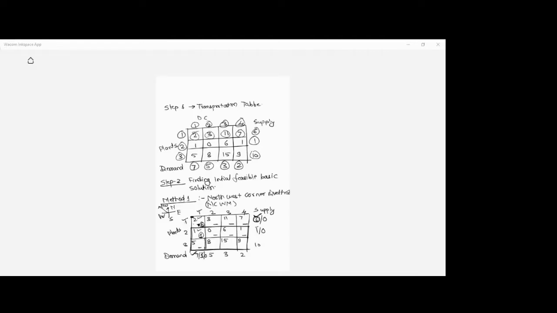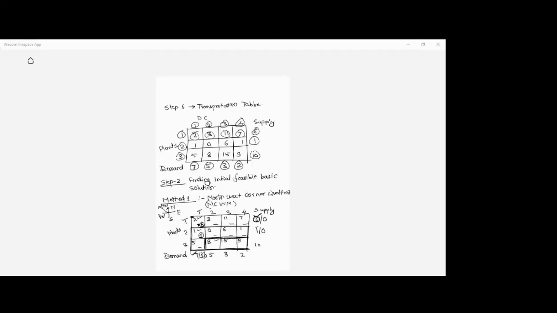Okay. Now next northwest corner cell that I have to identify. The remaining cells that are with us are these cells, right? So all these cells are with us, and here we have to find out which is the northwest corner cell. So the northwest corner cell happens to be this particular cell, and now the allocation is to be done in this cell.